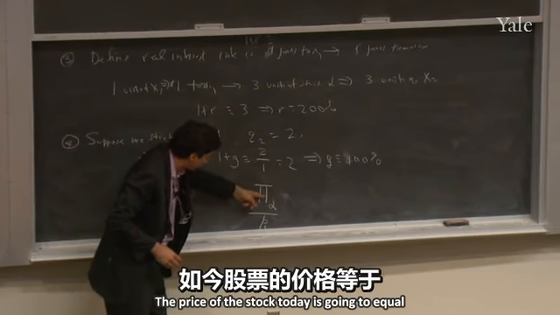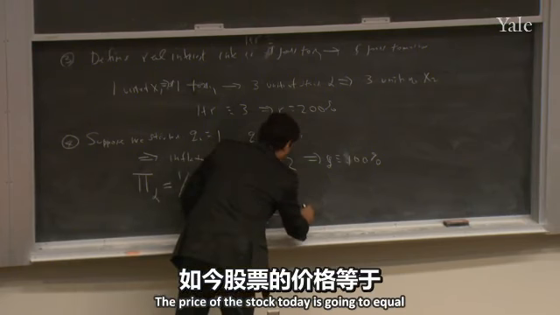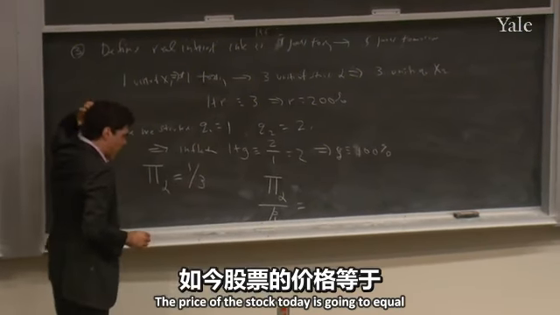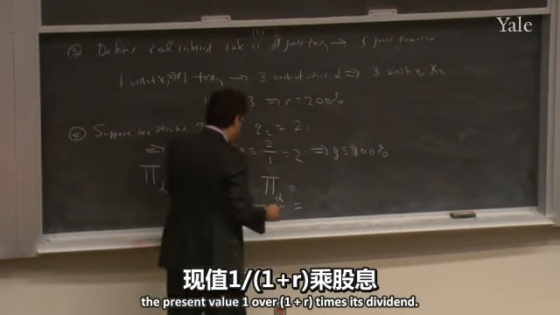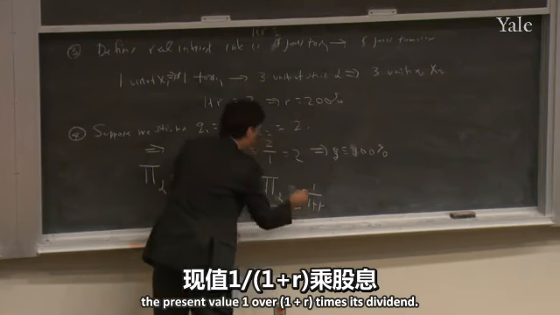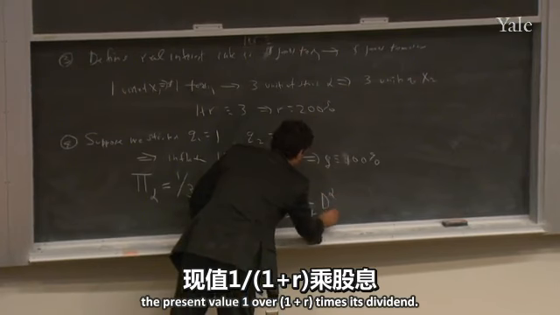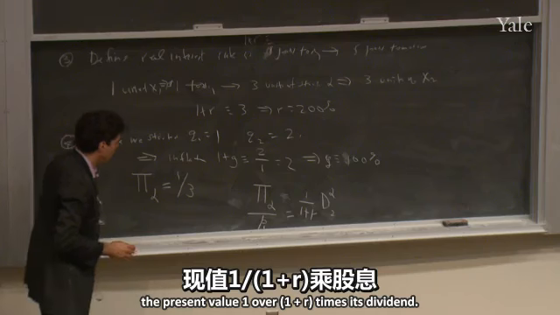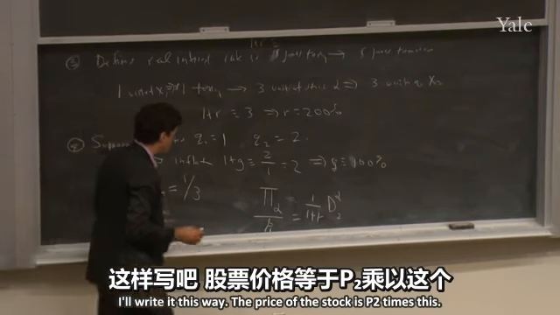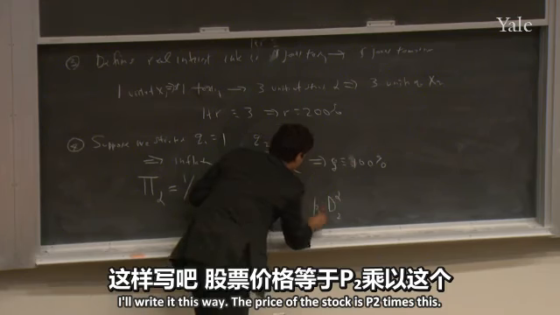So the value of the goods today is going to equal the present value, 1 over 1 plus r, times its dividend. The price of the stock is P2 times this.